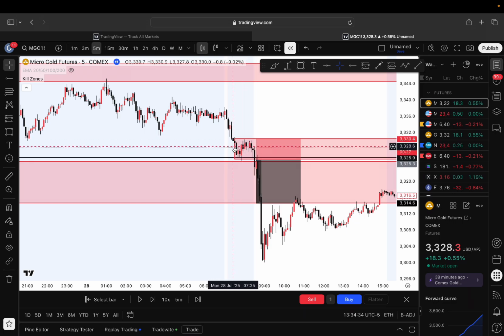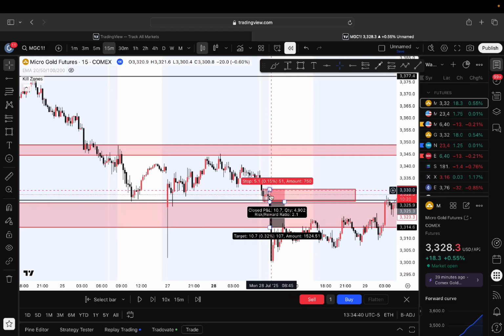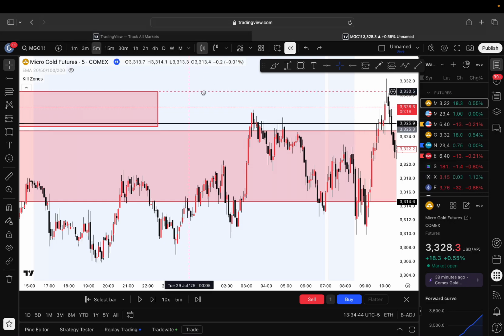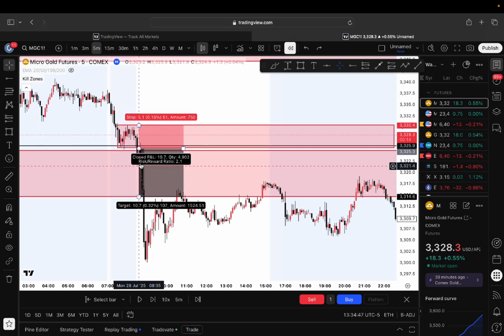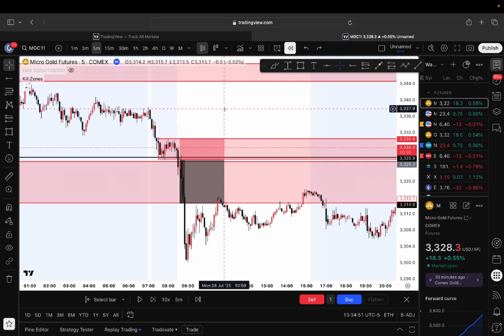The 15-minute had a supply with a gap, right here. It went back to the 5-minute, tapped on the 5-minute, and then boom. Simple as that. Literally as simple as that.